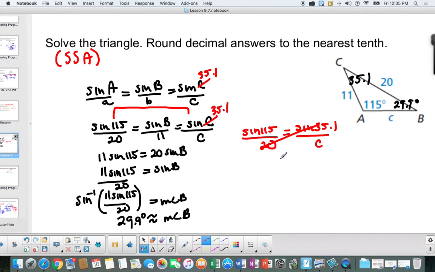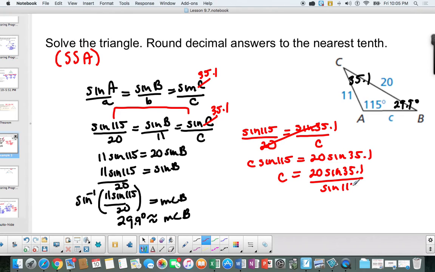I'm going to cross multiply. And so this is going to be C times the sine of 115 equals 20 times the sine of 35.1. And then C is 20 times the sine of 35.1 all over the sine of 115. The calculator can take this.